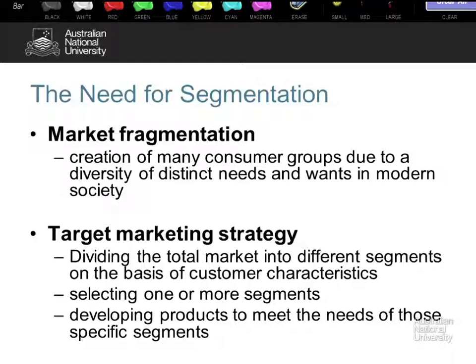So in the target market strategy, what you do is you identify a large block, and this is the market. You find a group of people who you expect to act in reasonably similar ways and respond in a reasonably similar manner. And you start dividing up that block until such time as you have distinctive little clusters.